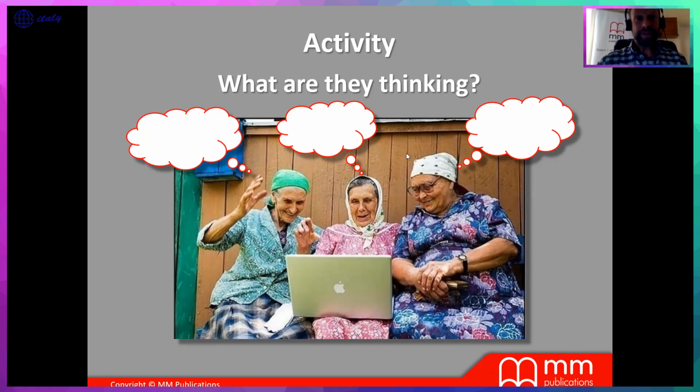Tom, for example, if you were to caption this image right now, what would you say that they are thinking about? We see some ladies there, old ladies, right? And they seem to be quite amused by what they are watching. Obviously, they are delighted to be in contact with a new means of technology, for example, something that they had not been really much accustomed to.